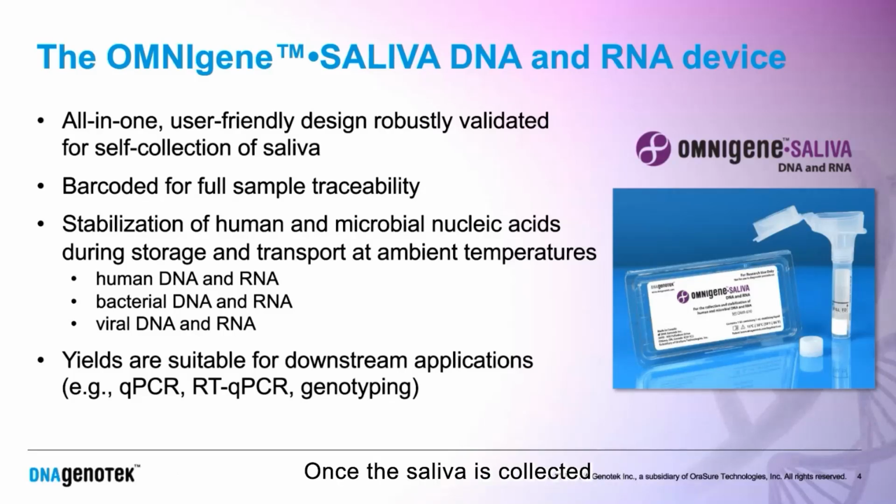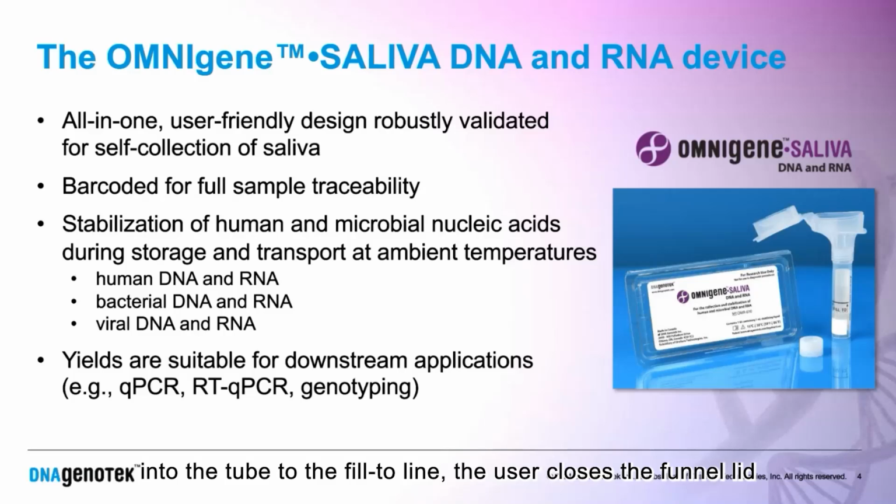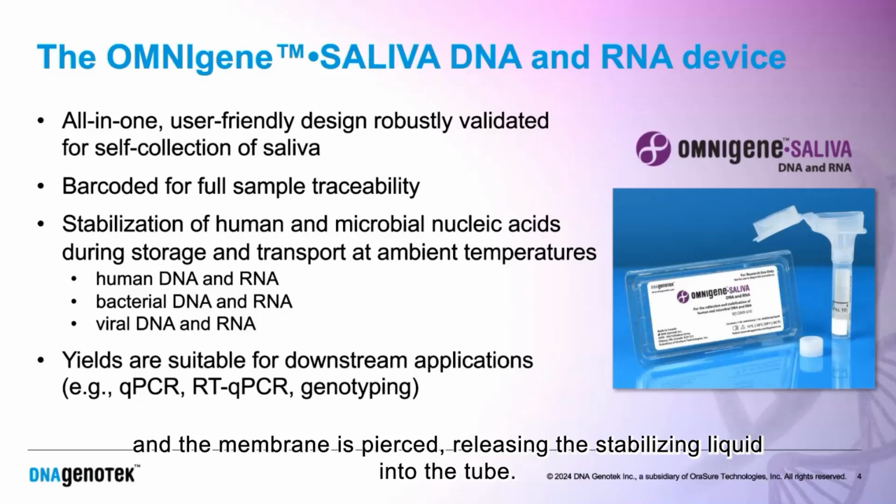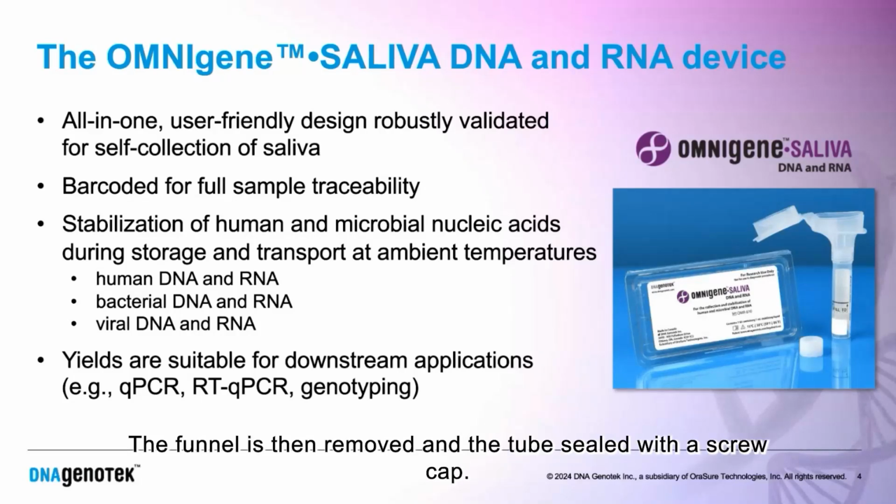Once the saliva is collected into the tube to the fill-to line, the user closes the funnel lid and the membrane is pierced, releasing the stabilizing liquid into the tube. The funnel is then removed and the tube sealed with a screw cap.